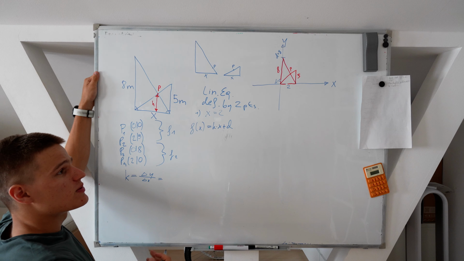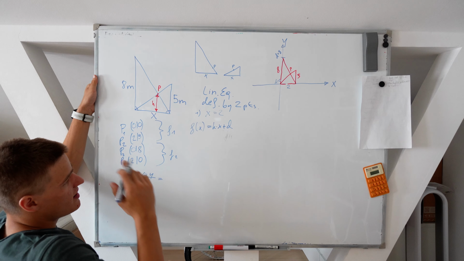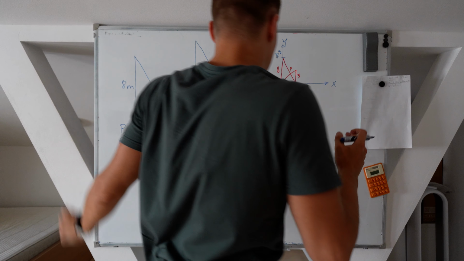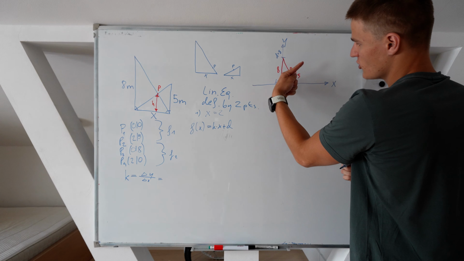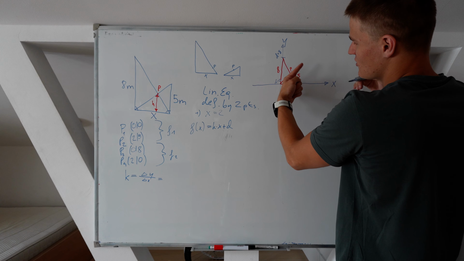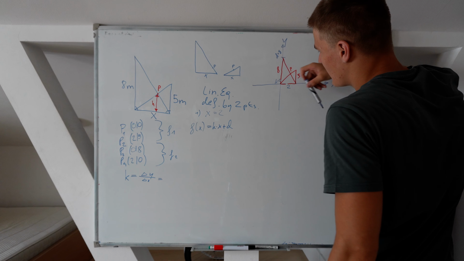And also another thing for you guys, if you are doing these types of things, always look at the obvious things, right? One obvious thing is that this has a positive incline, it's just going up, so it's positive. And this k must be negative because it's going down, right?